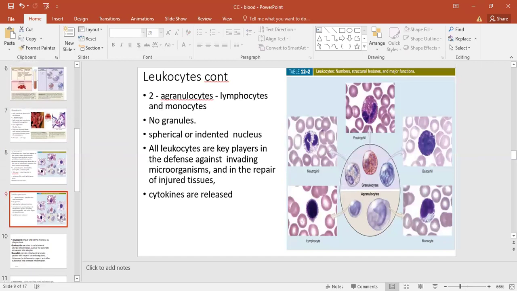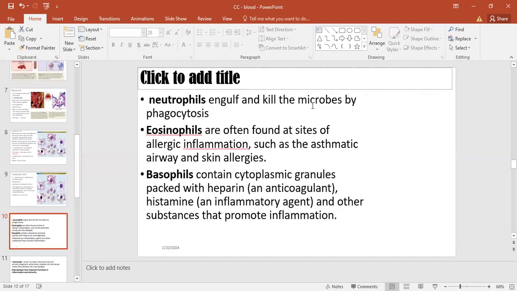So we have different white blood cells, and these different white blood cells have different functions. Like we said, we have the neutrophils, which are granulocytes. All these three on this slide are granulocytes. Neutrophils engulf microorganisms by phagocytosis.